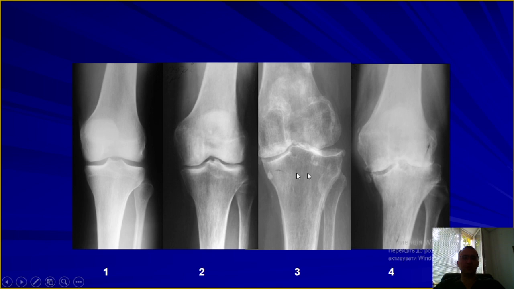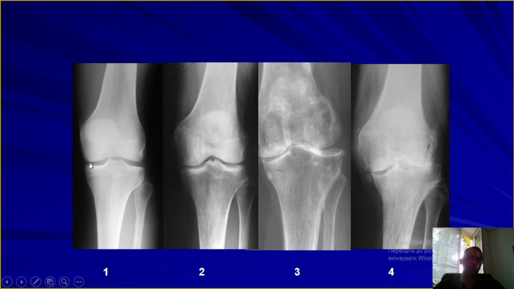Just like here, you see the fourth stage of osteoarthritis. Just look, the third and the fourth stage, it's for sure a damaged joint. So the most problematic are the first two stages, the first and the second stage of osteoarthritis.